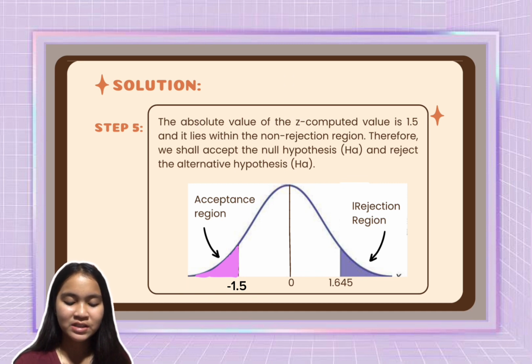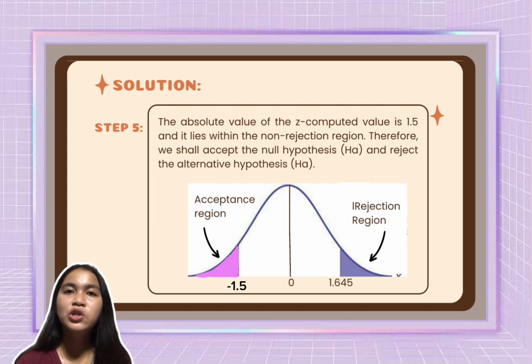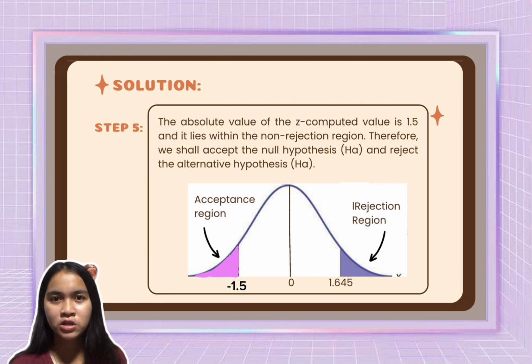And as we can see, the z computed value lies in the acceptance region. Therefore, we shall accept the null hypothesis. Since the z computed value of negative 1.5 lies within the non-rejection region, we shall accept the null hypothesis and reject the alternative hypothesis.